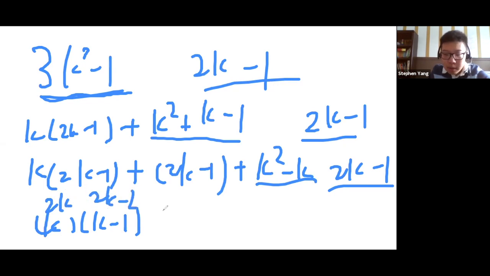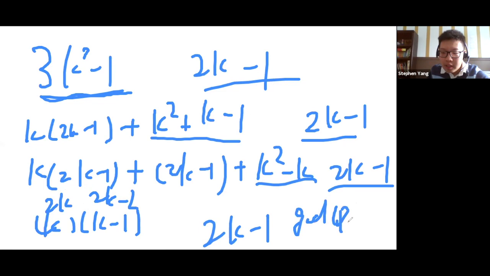Both of them are exactly 1 apart from 2k minus 1, which means all of them are relatively prime, which means these two have a greatest common factor of 1, which means GCD of P0 and 2k minus 1 is equal to 1.